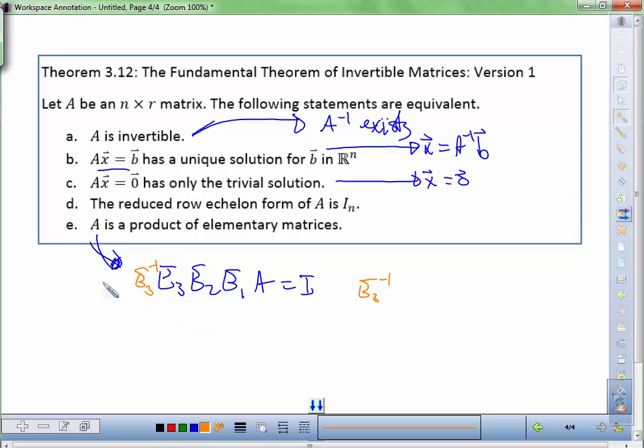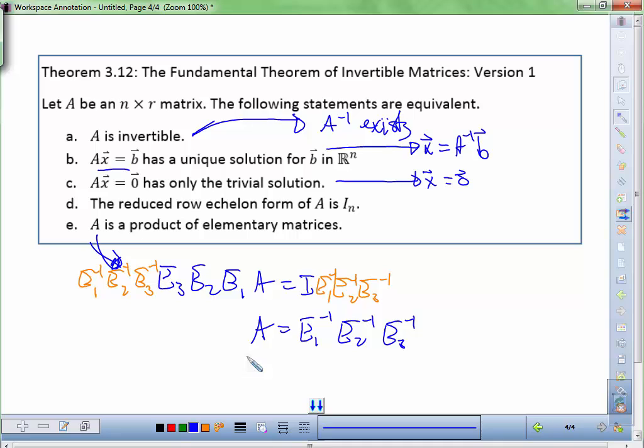And then they would cancel, and then I would multiply this by E2 inverse. And then they would cancel, and I would multiply this by E1 inverse. So after doing all the canceling, A will eventually equal E1 inverse, E2 inverse times E3 inverse.